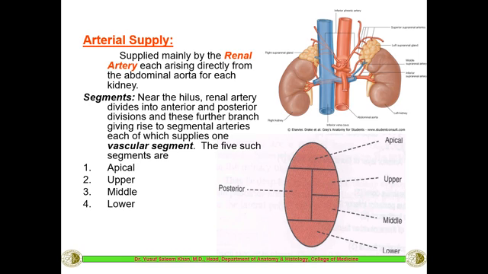Then the lower pole of the kidney is supplied by a separate segment, and the posterior segment is also a separate segment. So the apical segment, the lower segment, in the middle part the upper and middle segments, and a larger segment on the posterior side, called the posterior segment. These are the vascular segments of the kidney, and each segment is supplied by a separate segmental artery.